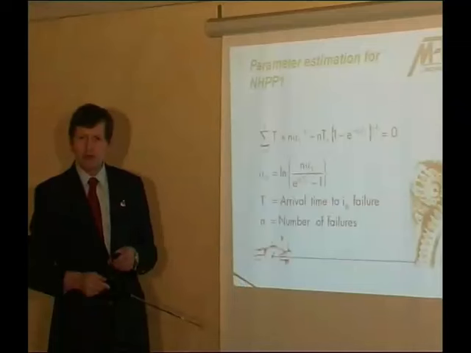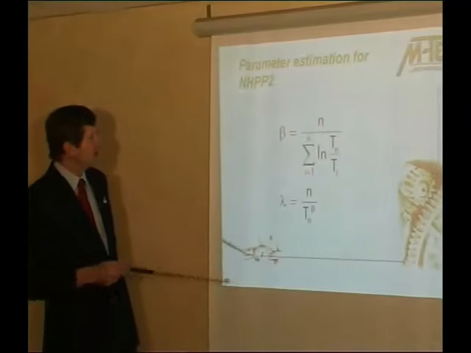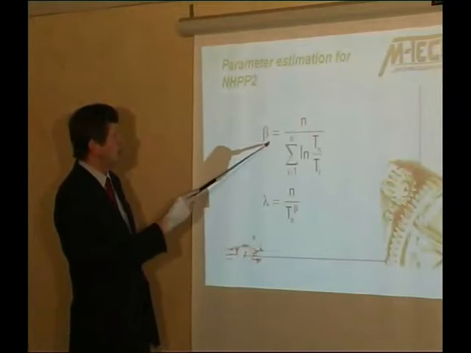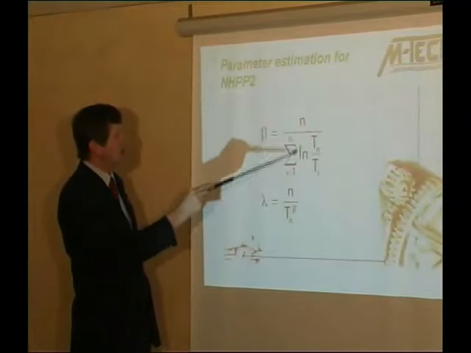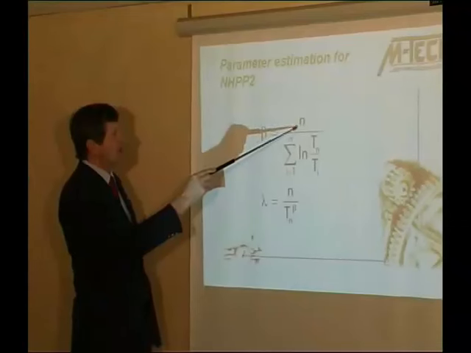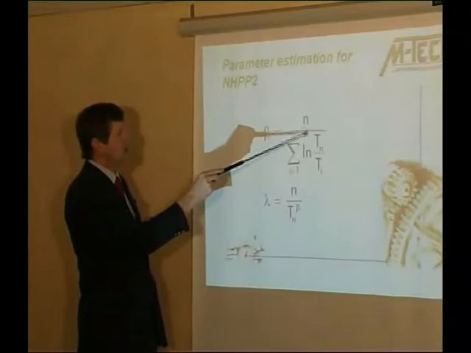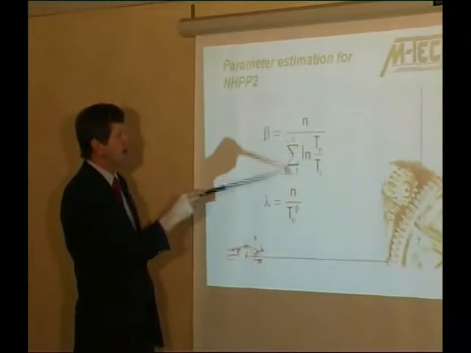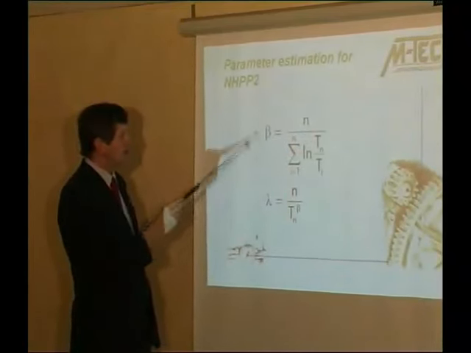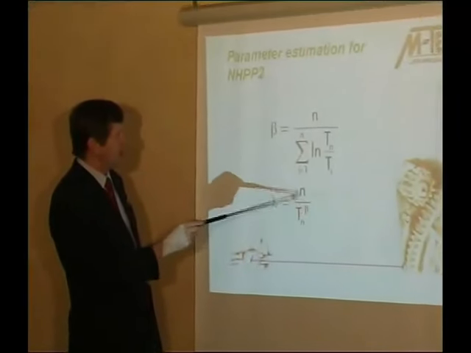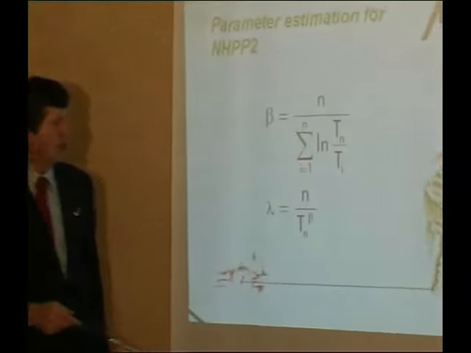For the second form, we have the following equations. And here we have a direct calculation of beta directly from this equation. That is the number of minimal repair occasions. We calculate this and divide it in there and we get beta. The moment that we have beta, we put it in here and we calculate lambda.